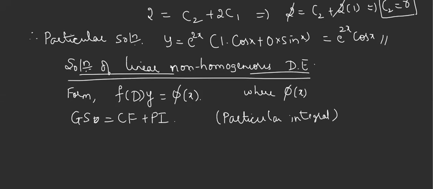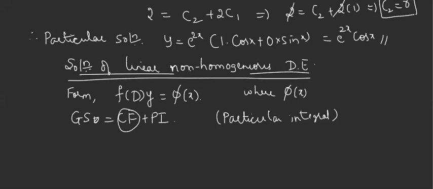In the homogeneous case, the RHS part was 0, so PI also was 0. So whatever CF you got is the GS part. Henceforth, depending on the nature of the roots, what you have written should be mentioned as the CF.